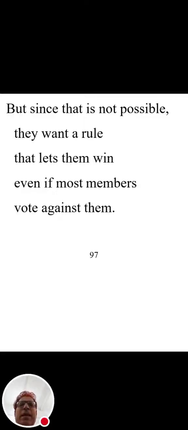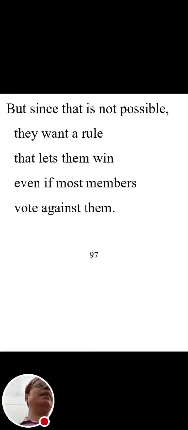They say it would be best if the votes of these rich members counted more so they could always win. But since that is not possible, they want a rule. If they tell the other group members, we need more votes, obviously they will not agree.